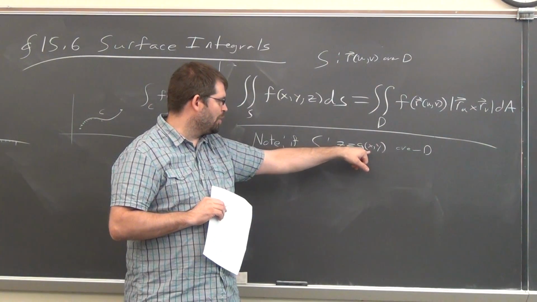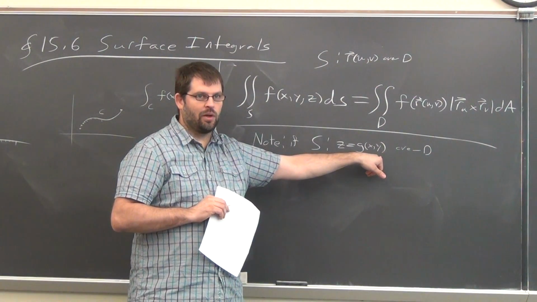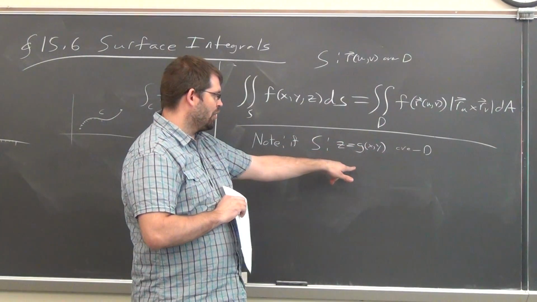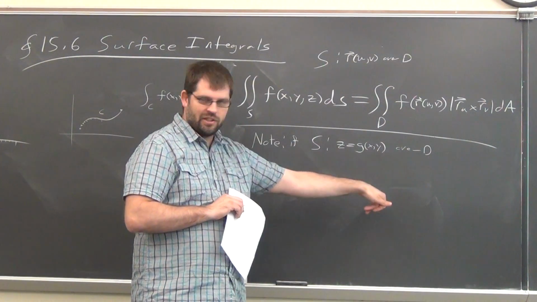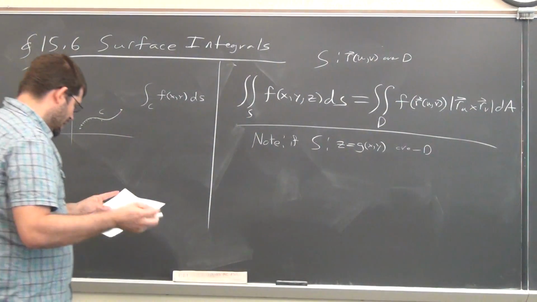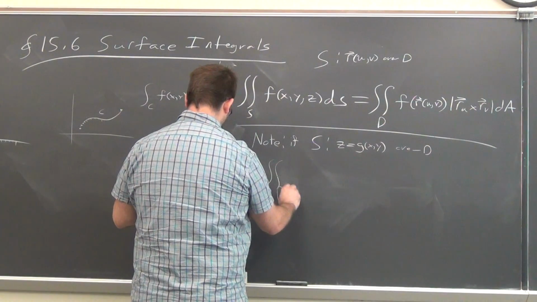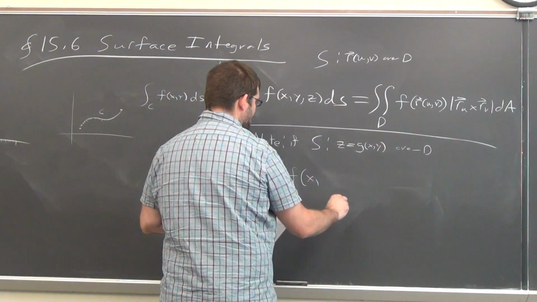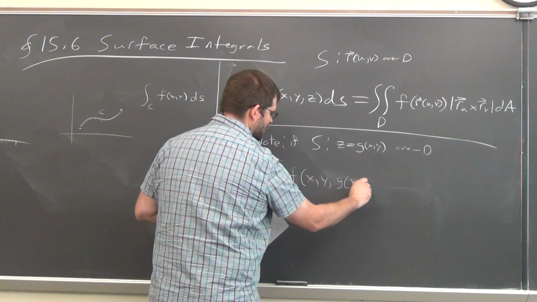If you have that set up, your parameterization is just x, y, g of x, y, which gives you a nice parameterization. And then if you take the derivatives, you'll get 1, 0, g sub x, and 0, 1, g sub y. And when you take your cross product, this formula just pops out, and so I'll just write it over. So in that case, if this is the case, here's our formula we'll use instead.